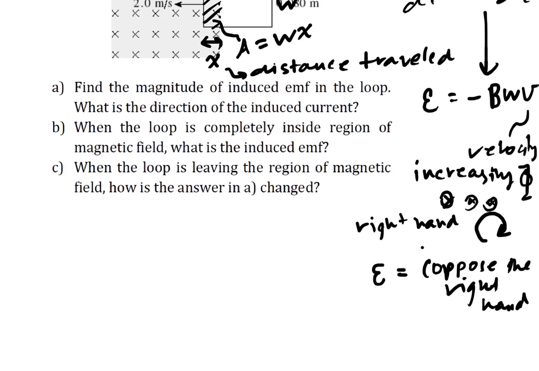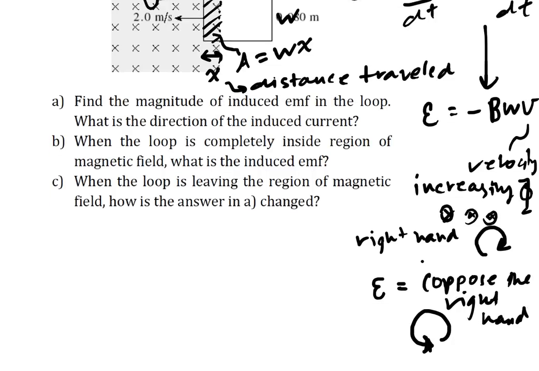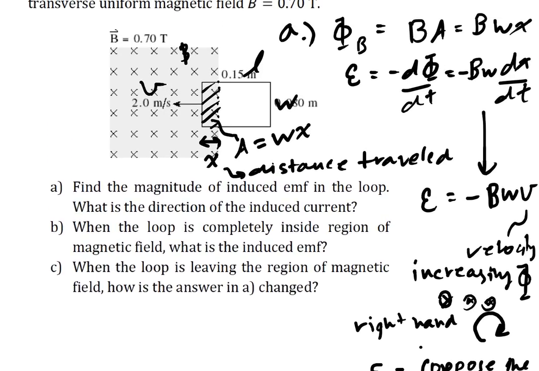So in this case, for A, we can find that the direction of the EMF is counterclockwise, or we can say that the current is flowing in this direction, counterclockwise. Okay.